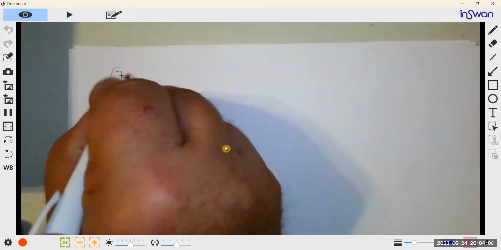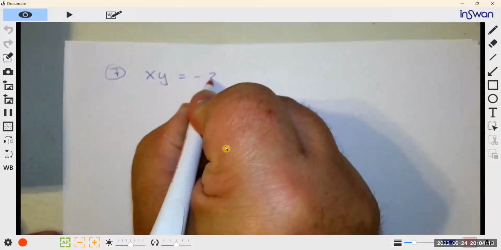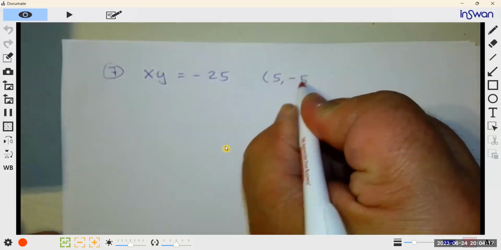Question number 7. Xy equals negative 25 to 5, negative 5.